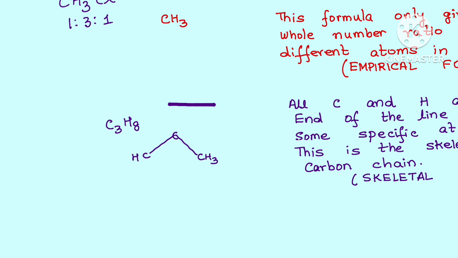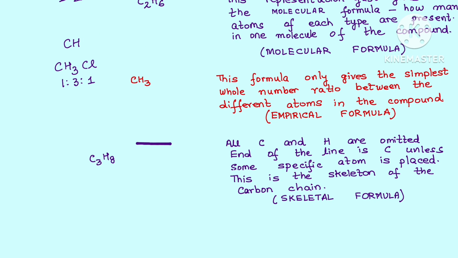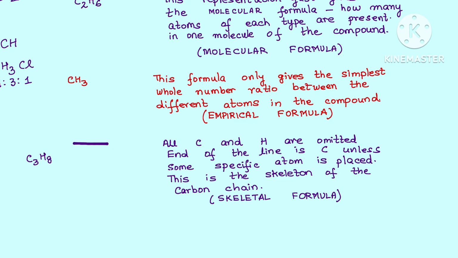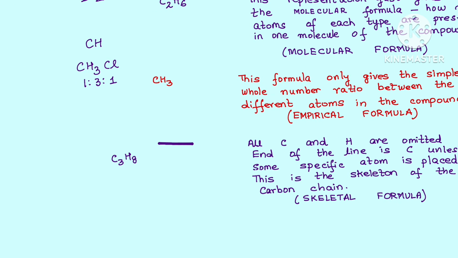So this becomes a CH3, this becomes a CH3, and this becomes a CH2. This is what it means. But while drawing the last type of representation, what we call the skeletal formula, we are only showing the bones of the skeleton, the bonds of this molecule. This is C3H8, a representation in skeletal form.